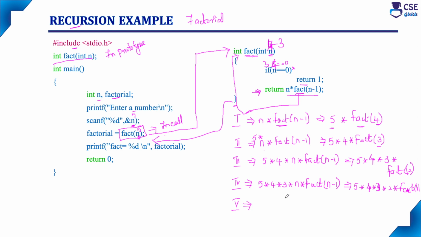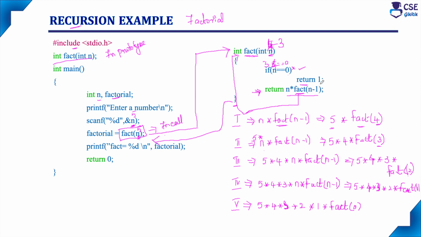The previous recursion values are 5 into 4 into 3 into 2, and the current one is n value 1 into fact of 1 minus 1, fact of 0. Next, with n value 0, it executes once more and checks whether 0 is equal to 0. Yes, the condition is true this time.